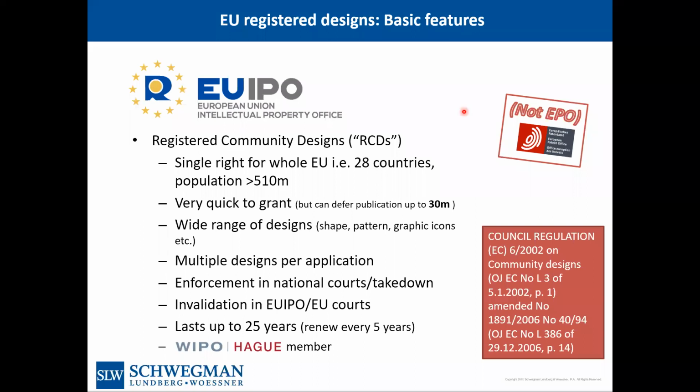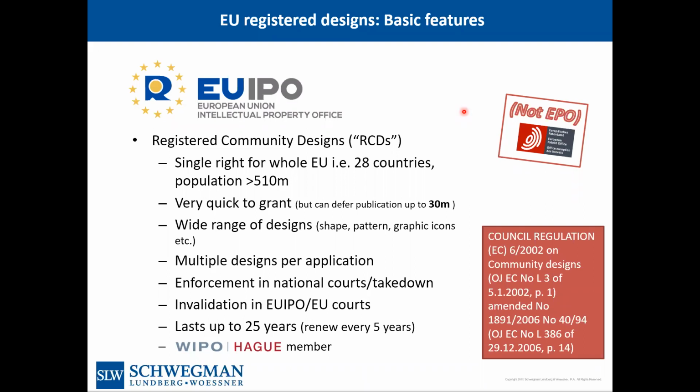So registered designs covering the whole of the EU, which is 28 countries, 510 million people today, are filed and granted by the European Union Intellectual Property Office. They're called registered community designs for historic reasons because we used to be the European Community and then we became the European Union.